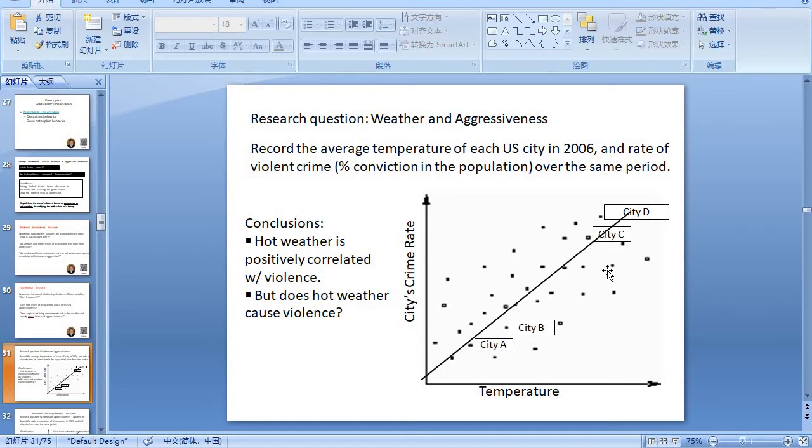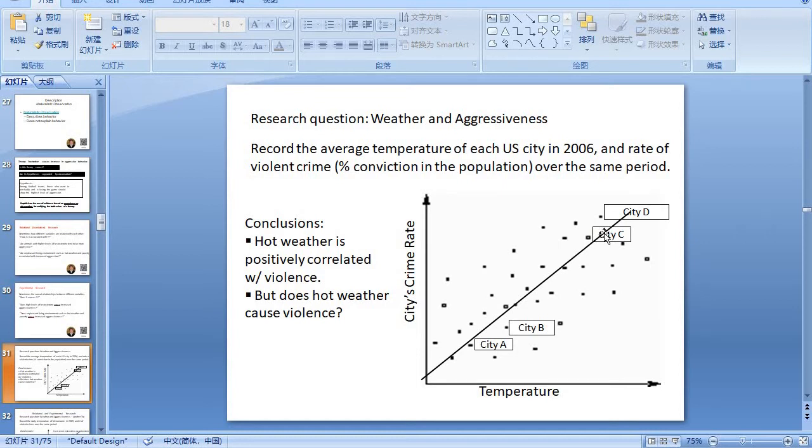And if this is indeed the case, you have a positive correlation. A positive correlation means as the value of one variable increases, the value of the other variable also increases. They increase in the same direction and decrease in the same direction.